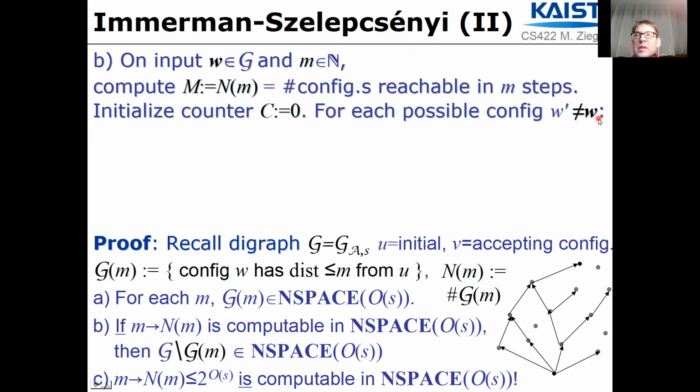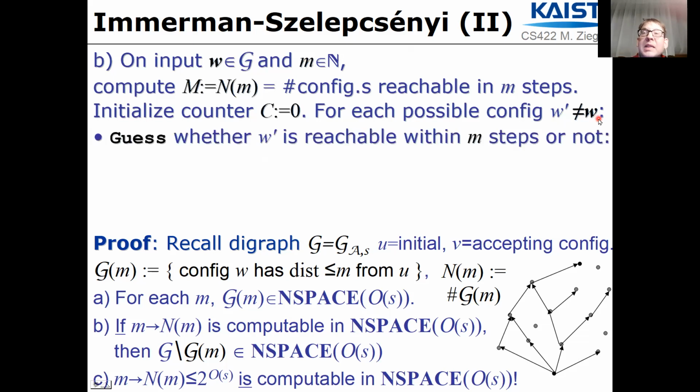And for each such configuration, we guess. This is where the positive guesses of the non-determinism come into play. We guess whether this configuration W prime is reachable within M steps or not. So for the current value of the loop counter W prime, we guess one bit: the bit 1 says W prime is reachable in that number of steps, or the bit 0 says it is not reachable.